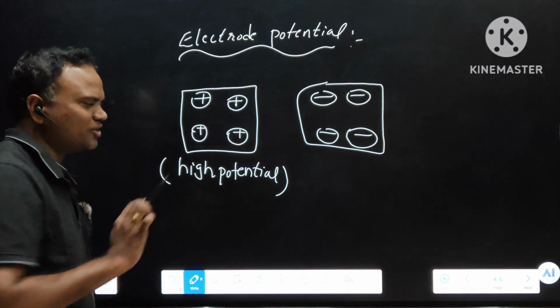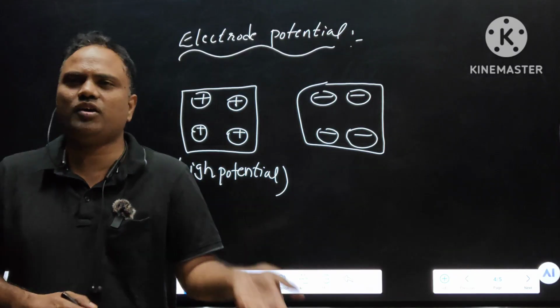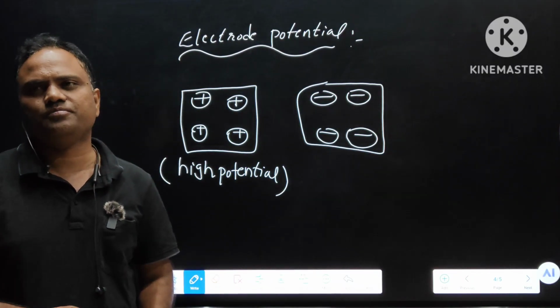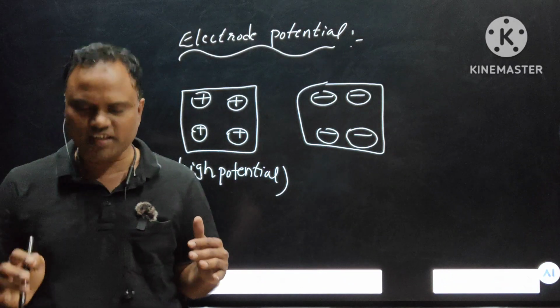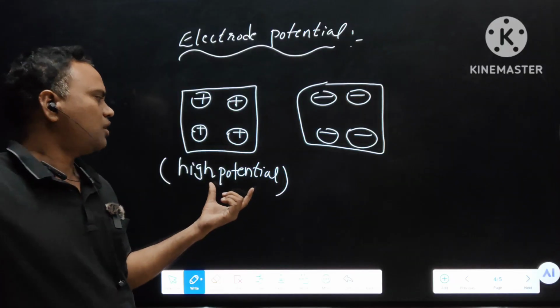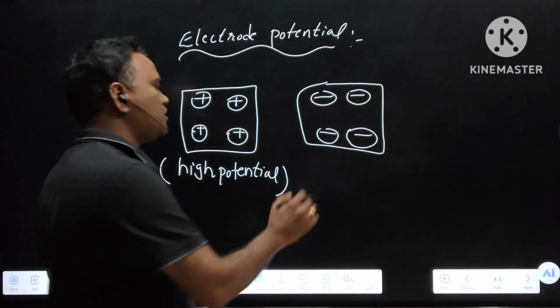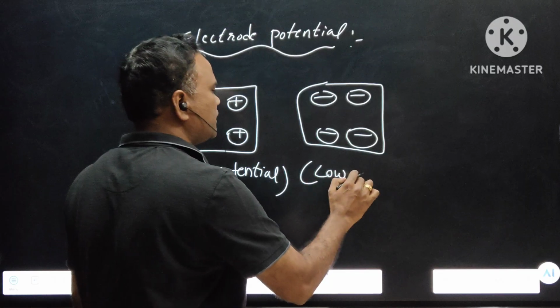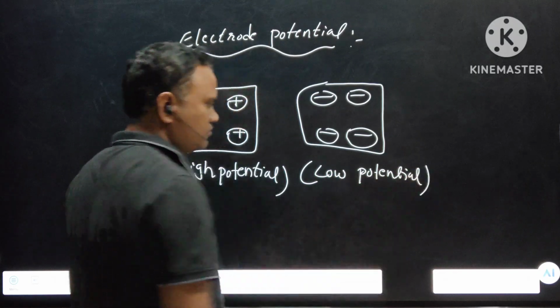Don't go beyond this, and don't ask what is high potential, because then I have to enter into physics. Potential means energy per unit charge. So to understand this topic in the easiest way, just remember: high potential means more positive charge area. Low potential means negative charge area.